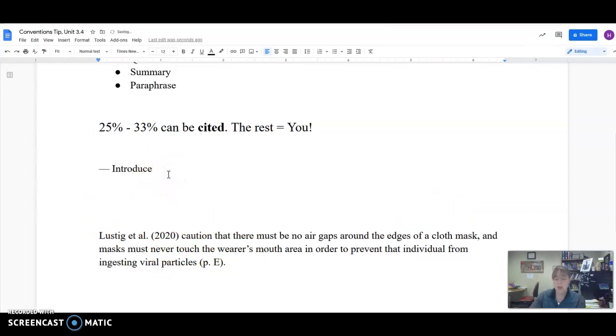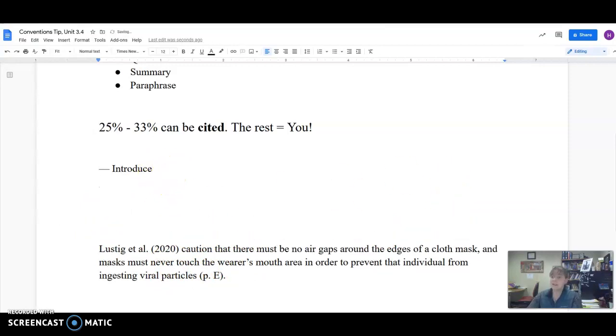Okay, the next thing that we need to do is to deliver the information. This is the information I'm going to deliver. Okay, this is the center of my sandwich. It's what gives it substance. Okay, and then I need to discuss that information. This is where I analyze the information.